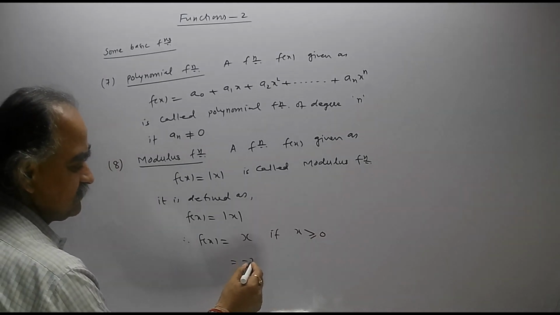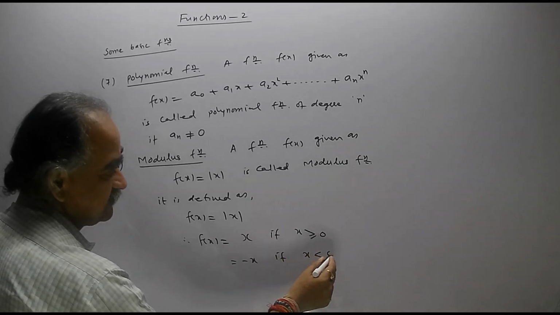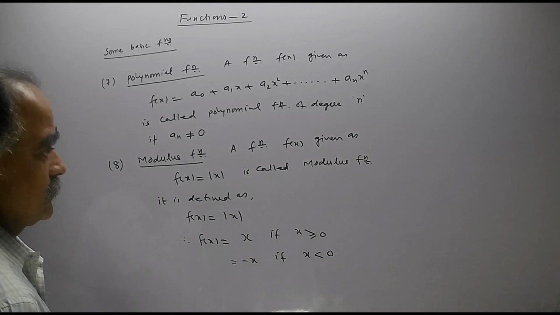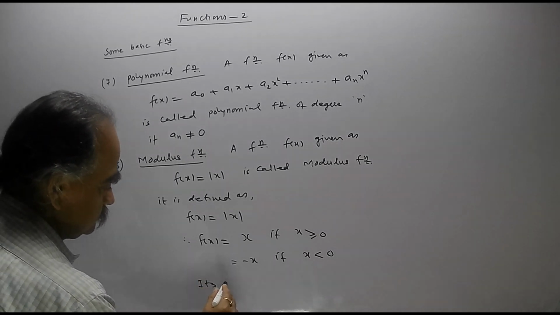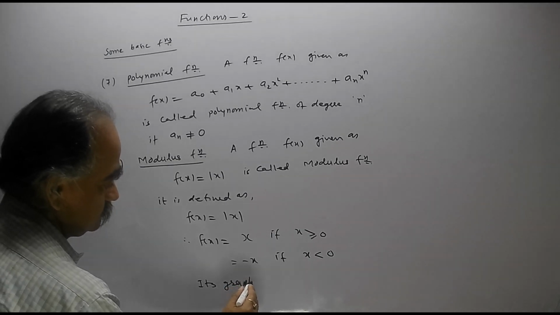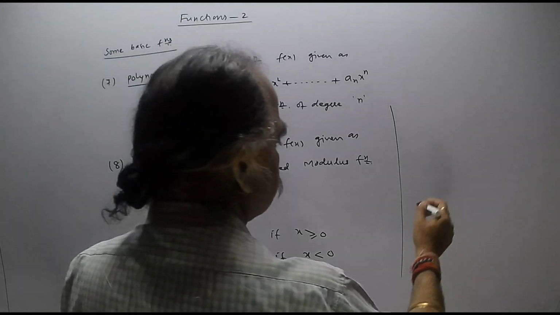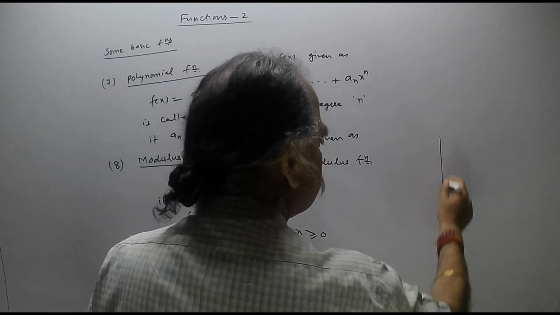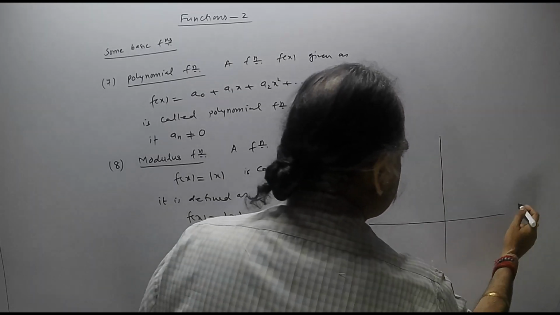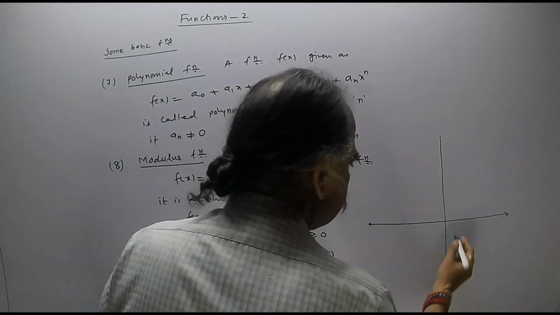And it is what? Minus x if x is less than 0. Its graph is, see, graph of modulus function is like this.